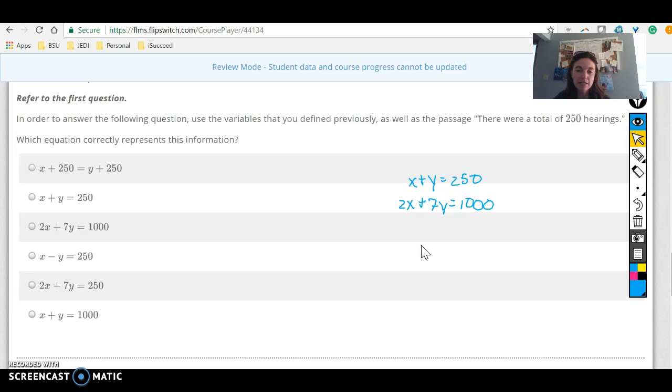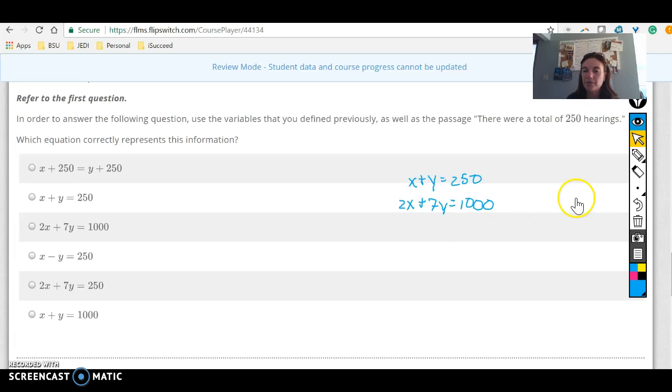We could graph this. I'm probably not going to graph because we're dealing with some kind of big numbers. We could substitute, and I'm thinking that's probably my preferred method, or we could also use elimination. And if we were to use elimination, we would probably multiply the top equation by a -2.